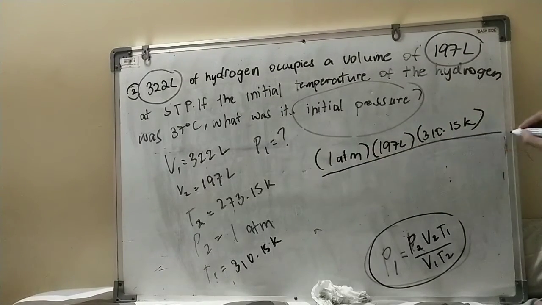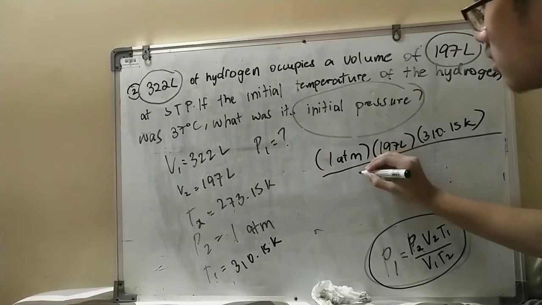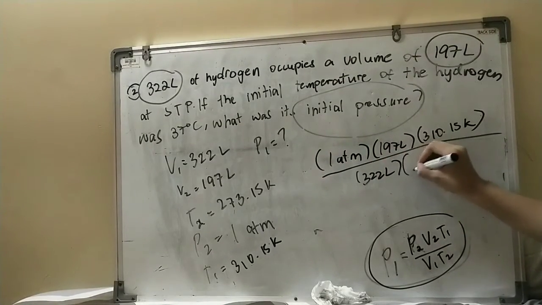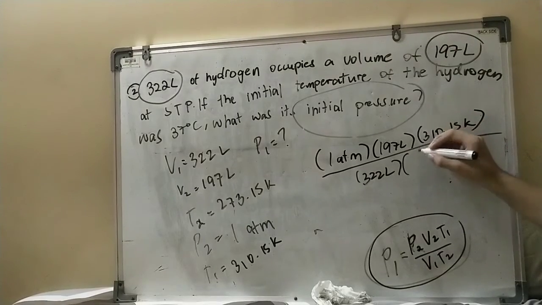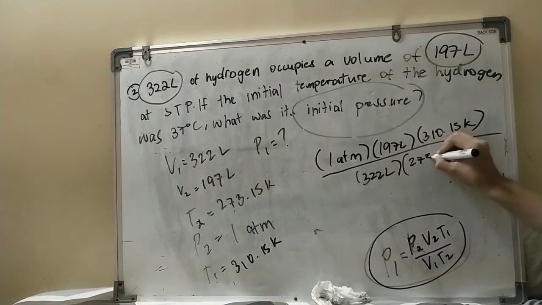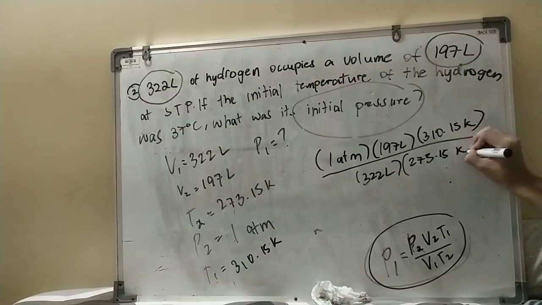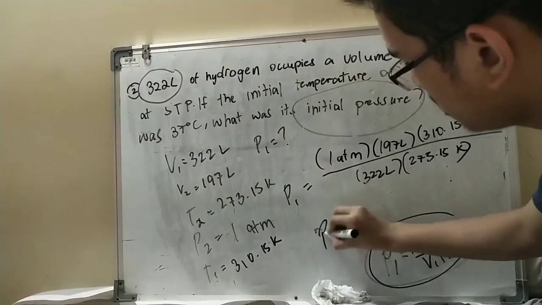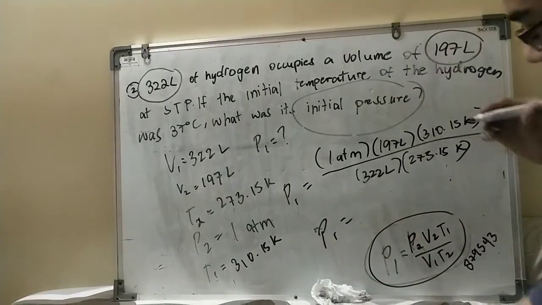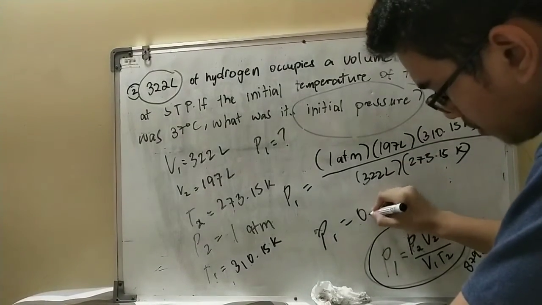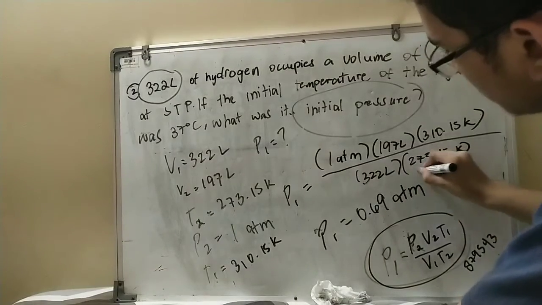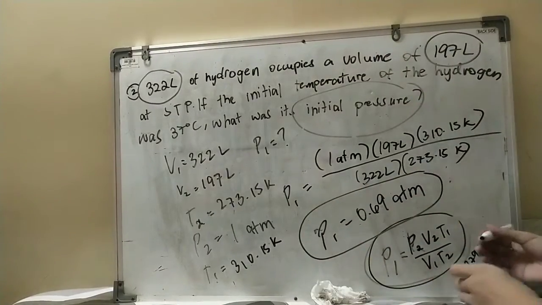We then divide it by V1, or 322 liters, times temperature 2, which is standard temperature, 273.15 Kelvin. So our answer is 0.69 atmosphere. That is our initial pressure.